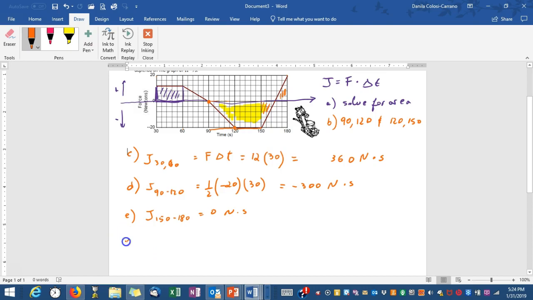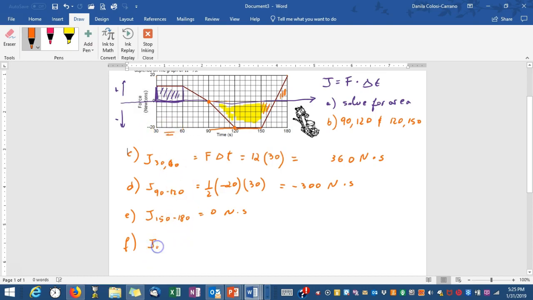Then for F, they say, using the information from the text above combined with the graph, calculate the final velocity at 60 seconds. So what's going on there is that you are dealing again with this portion of your graph right here.